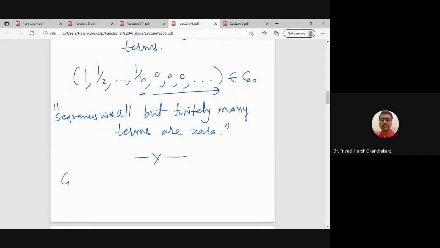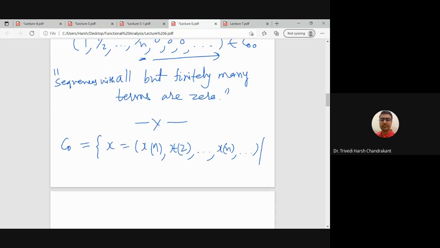And one more example we want to discuss, that is the sequences which converge to 0.